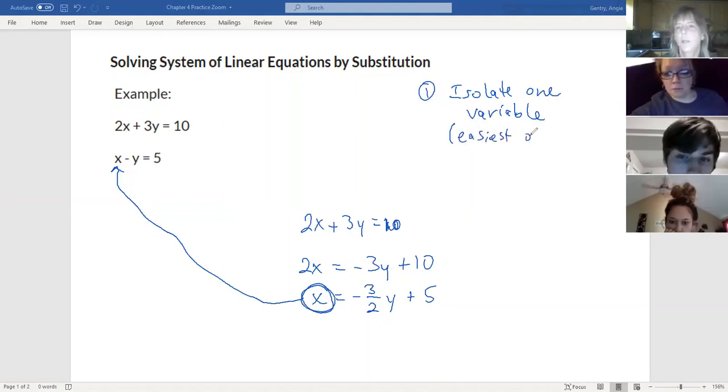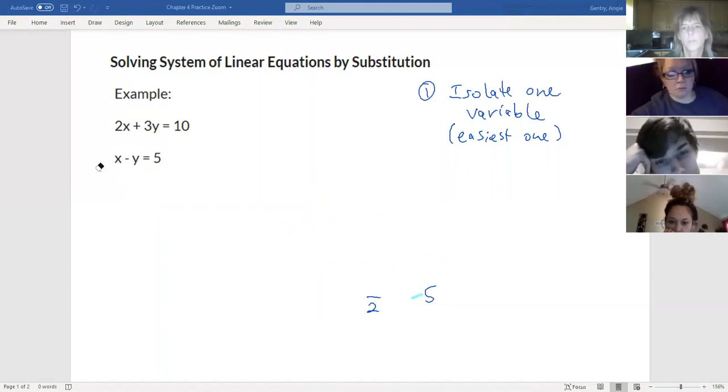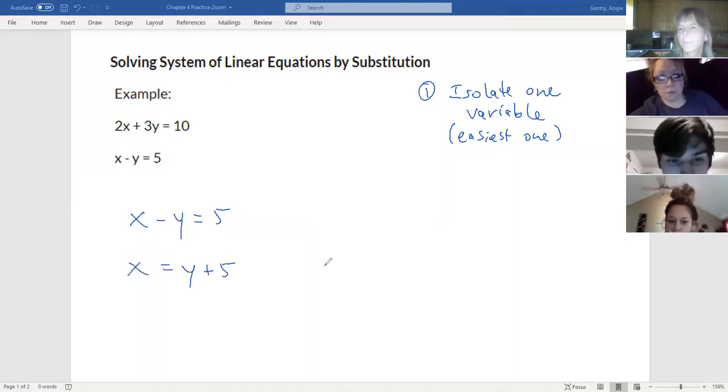Easy to you might not be easy to me, so that is a little subjective, but sometimes you just play with it and then change your mind. Is it not the easiest thing to take this equation and get that x by itself? That's the easiest thing I can do.